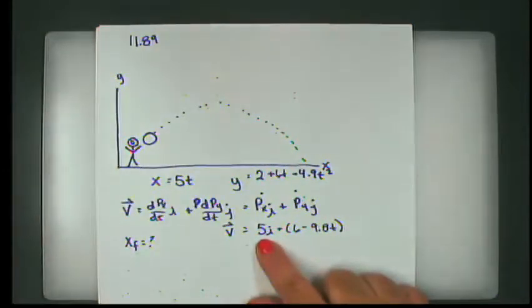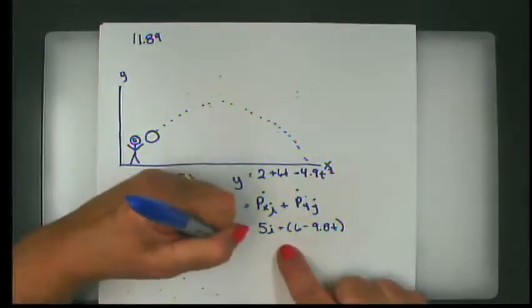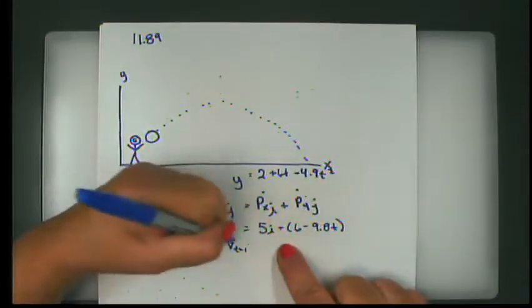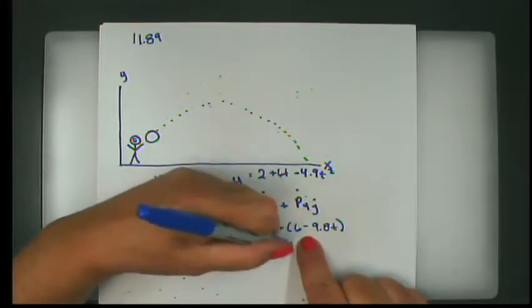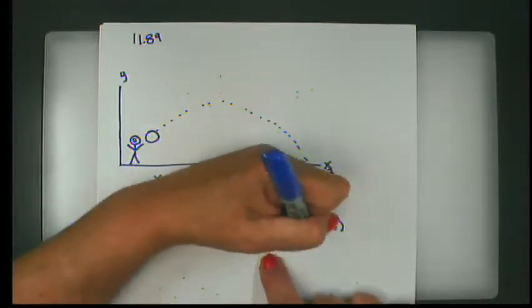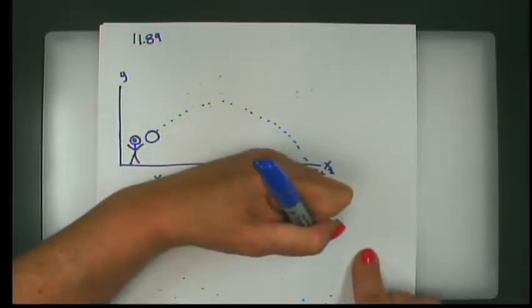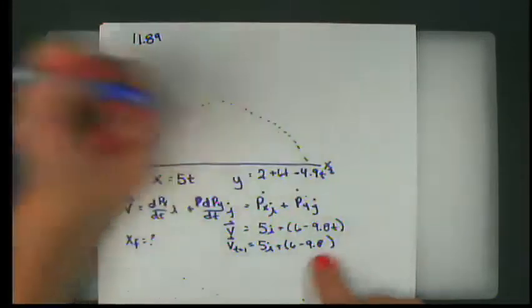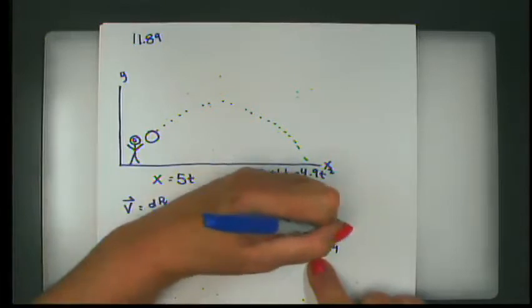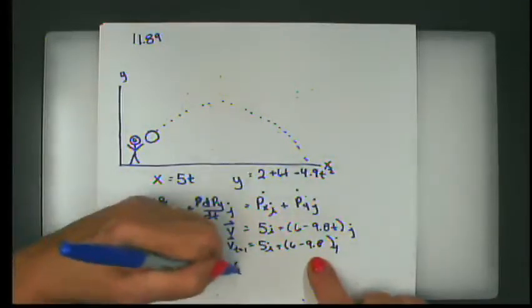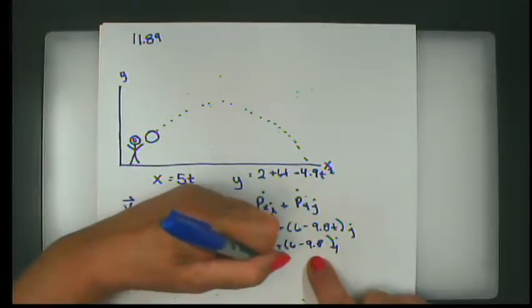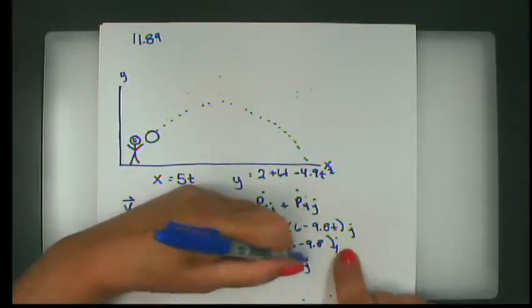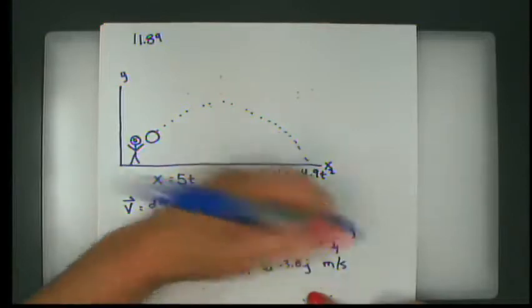And it asks me what is the velocity at t equals 1 second. That's going to be 5i plus the quantity 6 minus 9.8 times 1, which is just minus 3.8j. Or the velocity at t equals 1 is equal to 5i minus 3.8j. And of course, that's in meters per second.